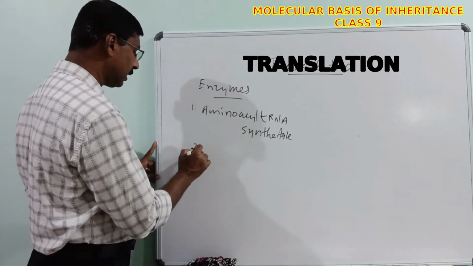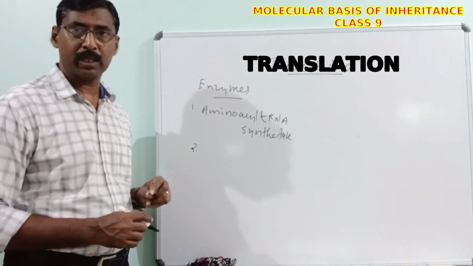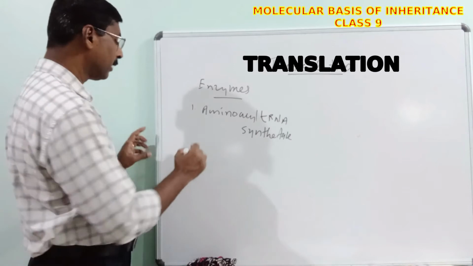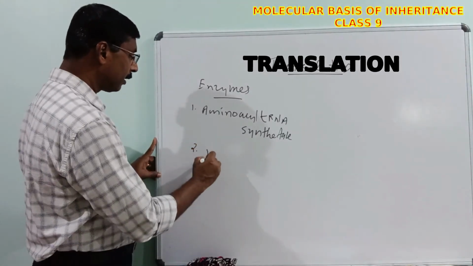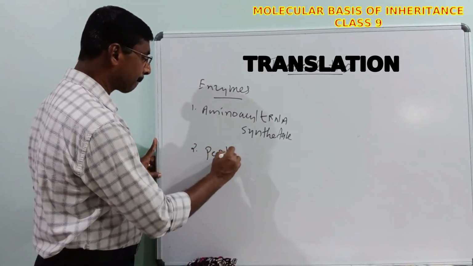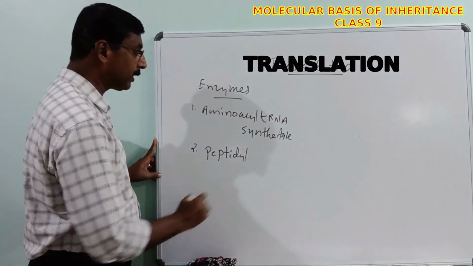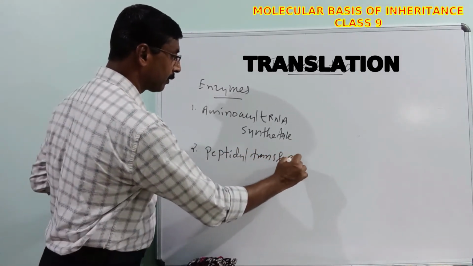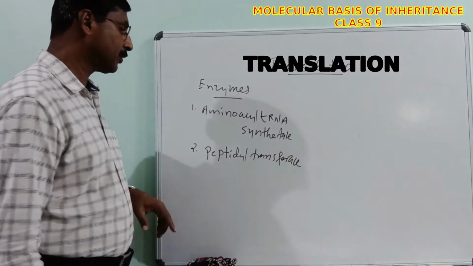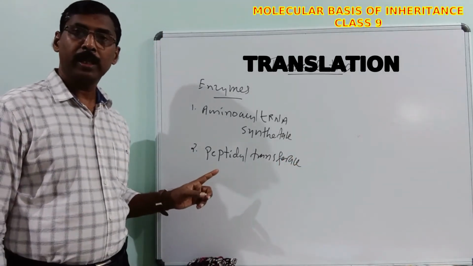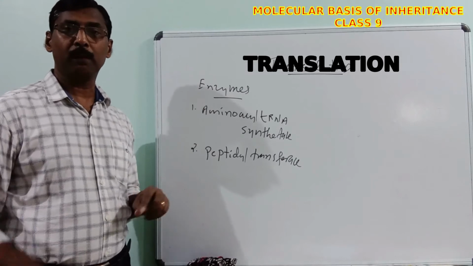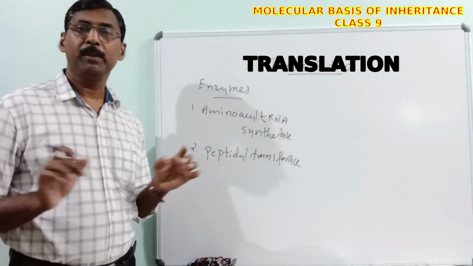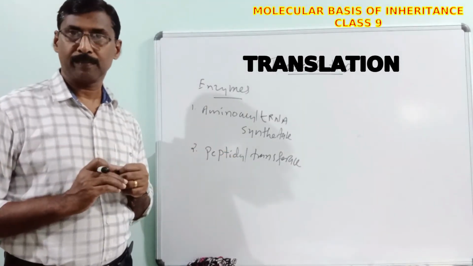Then the second enzyme is in the ribosome. The second enzyme is provided by the ribosome, and that is peptidyl transferase. This is an enzyme that establishes a peptide bond between two amino acids.